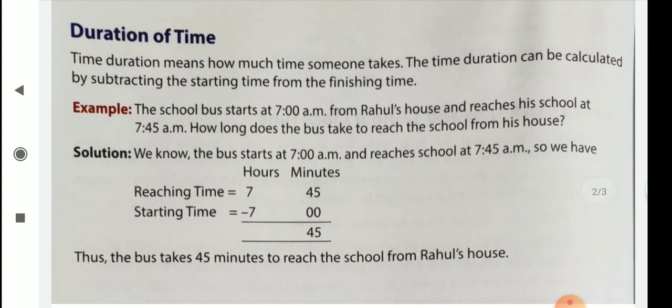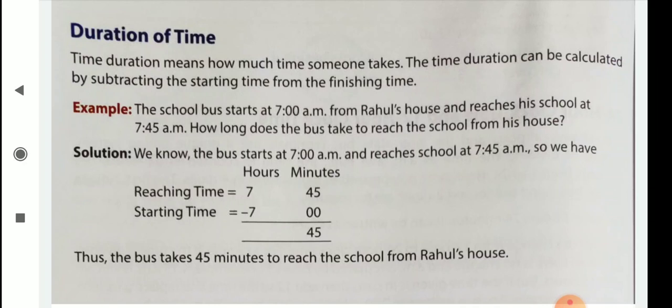Then duration of time. Time duration means how much time someone takes. The time duration can be calculated by subtracting the starting time from the finishing time. For example, the school bus starts at 7 am from Rahul's house and reaches his school at 7:45 am.